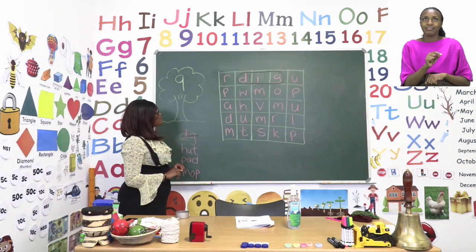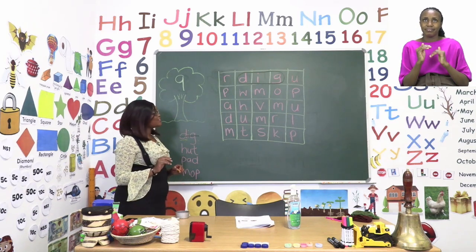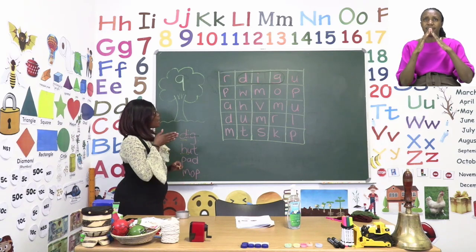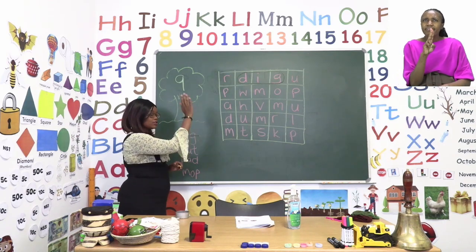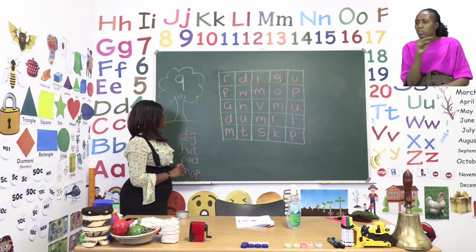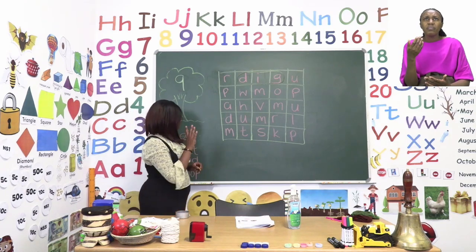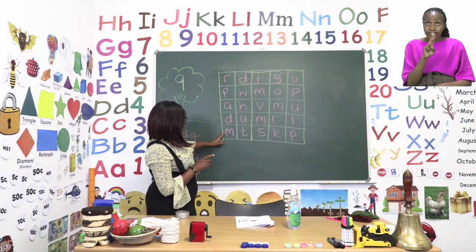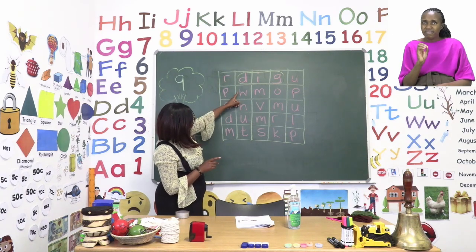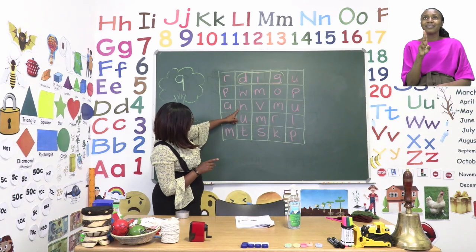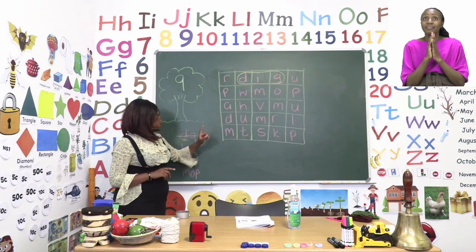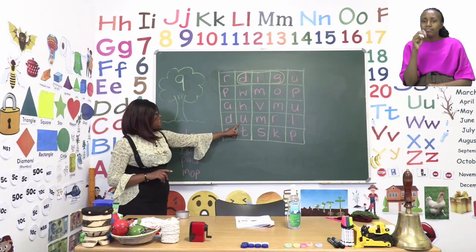The next one we have is hut. It starts with an H. Let's see, are we going to start looking for it across or down? Let's try down. Remember, we're looking for an H. No. Yes, I found an H. So, make sure that when you find your letter, you look for the next one next to it.